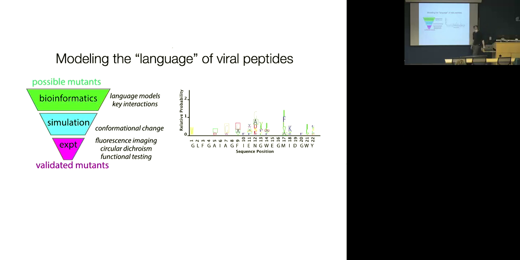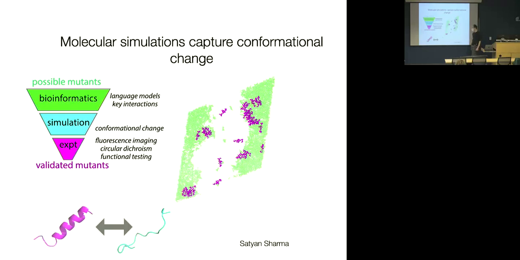Then, of course, we turn to our other tool that I alluded to, which is molecular dynamic simulation, which can, at the cost of some effort for these membrane-inserted peptides, since membrane simulations are, for a number of reasons, much harder than solution phase simulations, capture the conformational changes of these peptides.